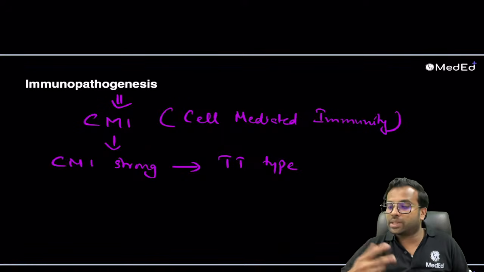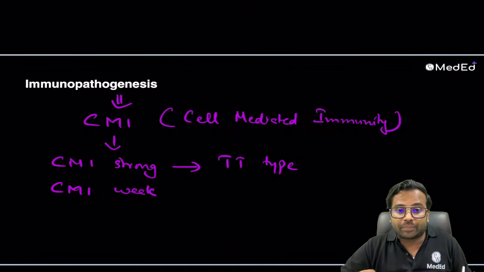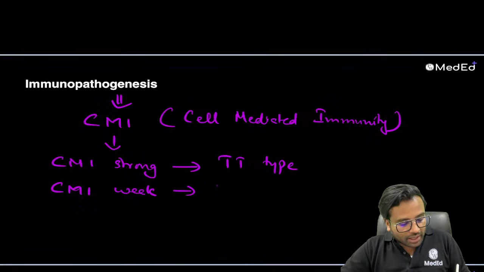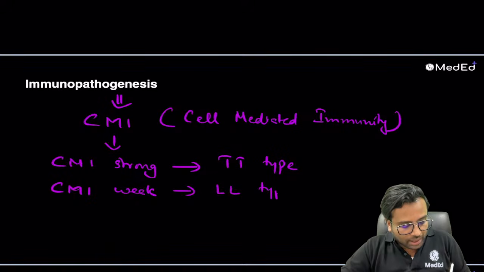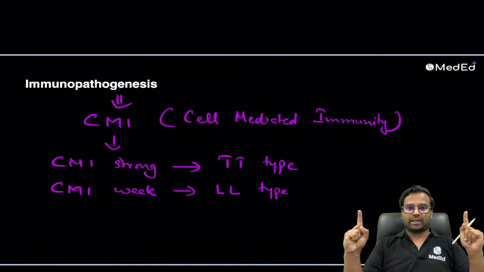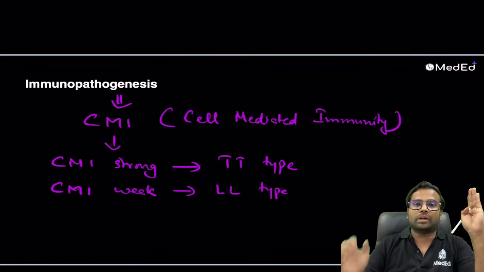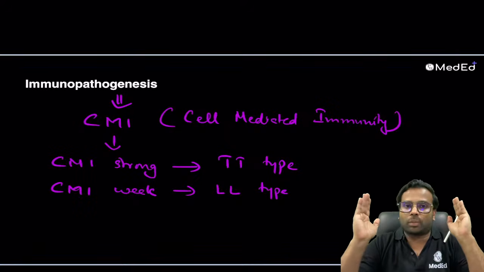What is the opposite scenario? If the cell mediated immunity is very weak, then the patient can end up in a lepromatous type of leprosy. So there are two different ends of the spectrum of the disease, tuberculoid type at one end and lepromatous type at the other.